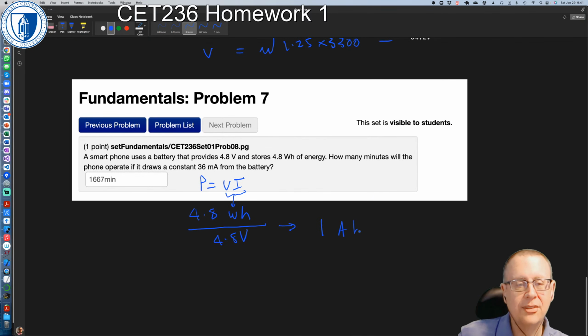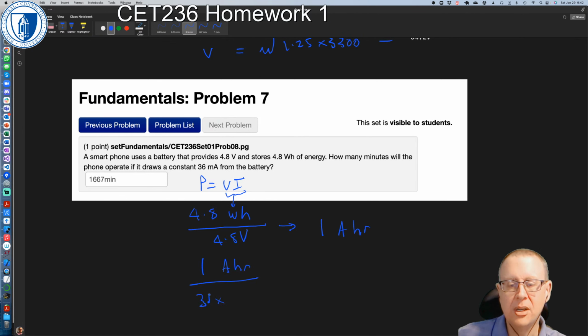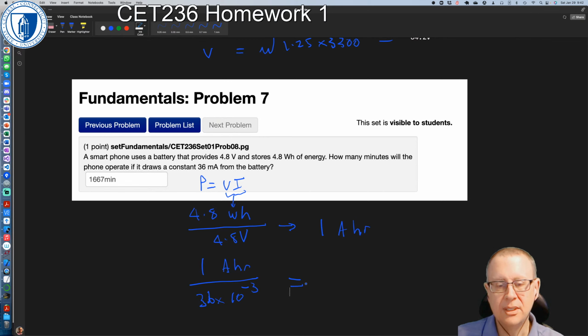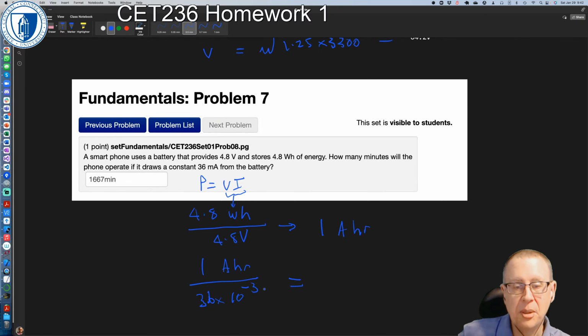But we're not asking it for an amp, we're asking it for 36 milliamps. So 1 amp hour divided by 36 by 10 to the minus 3, and that's in amps, which we can cancel out, will give us the number of hours.